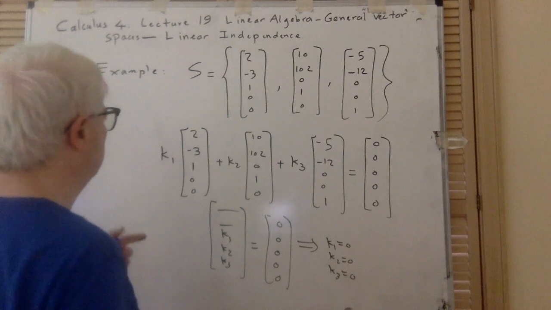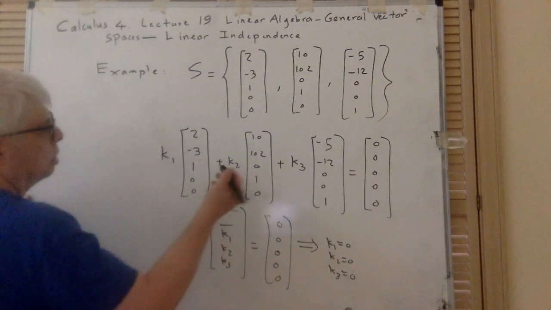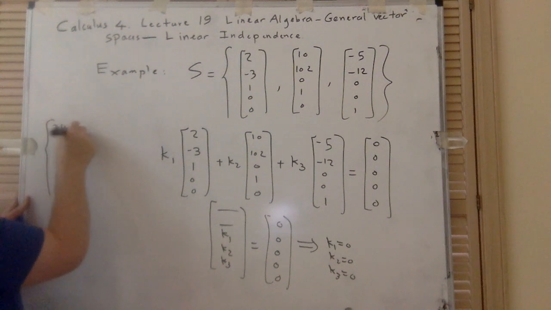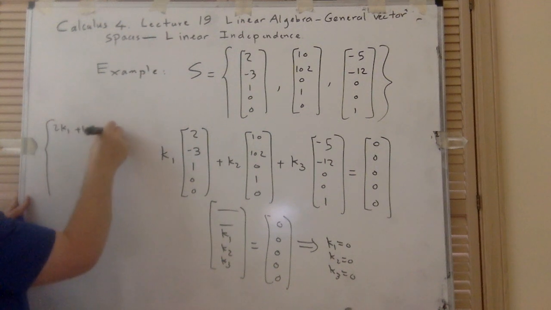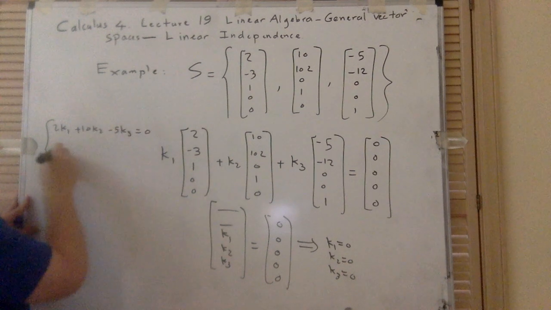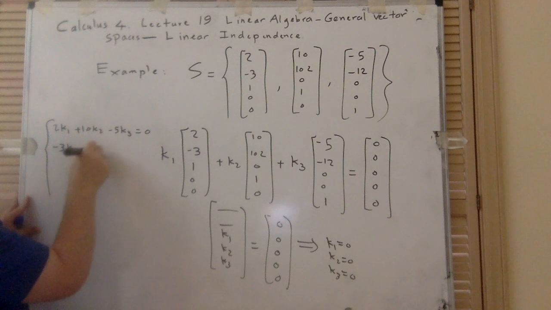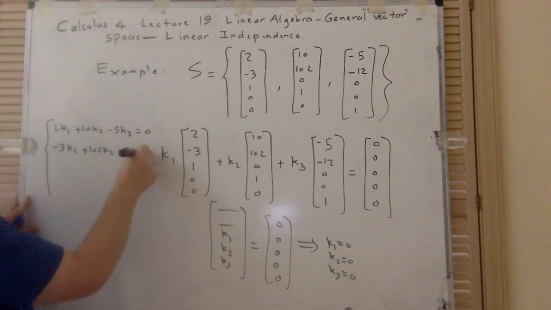Now, you might say, what kind of a system of equations is this? This is this system. Look: 2K1 plus 10K2 minus 5K3 is 0. The second row is minus 3K1 plus 102K2 minus 12K3 is 0.